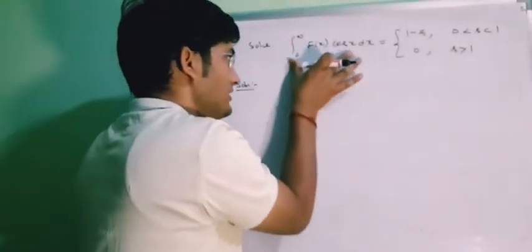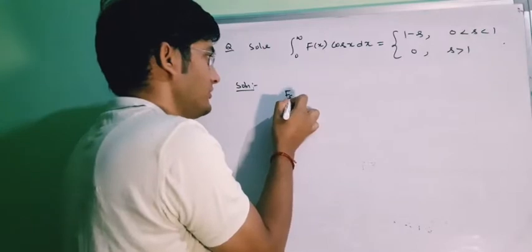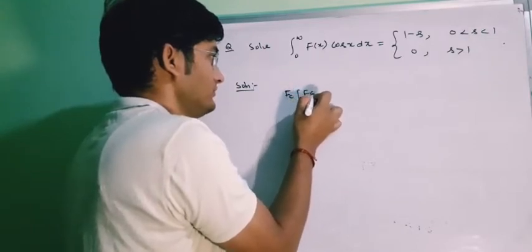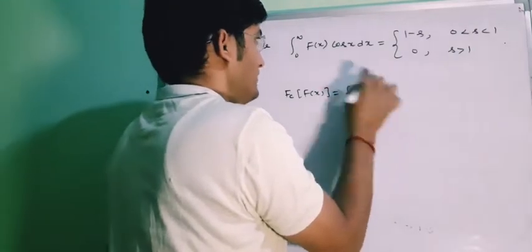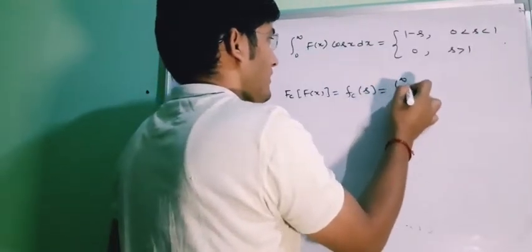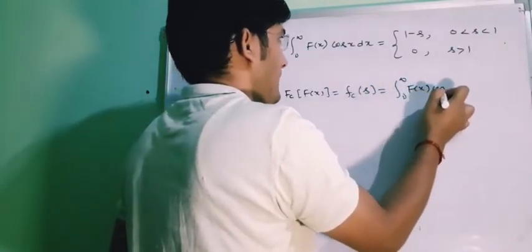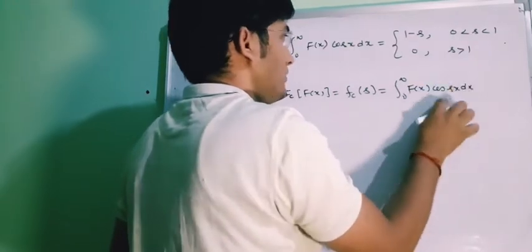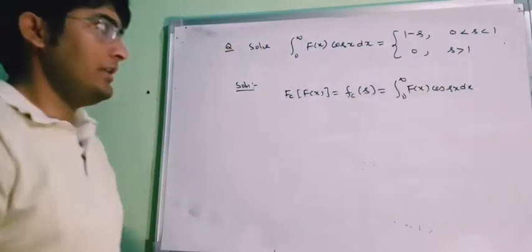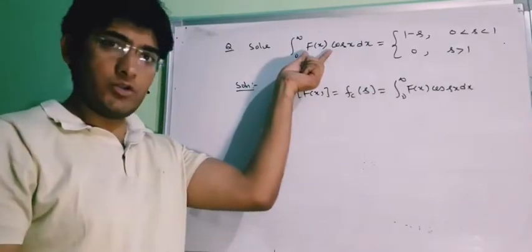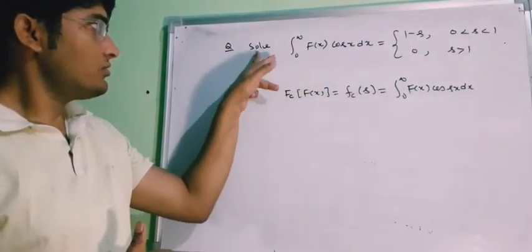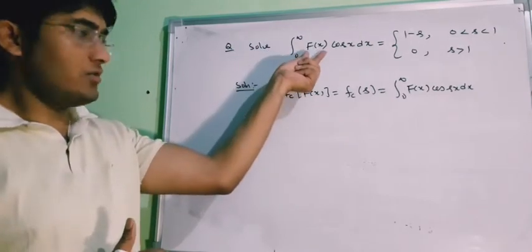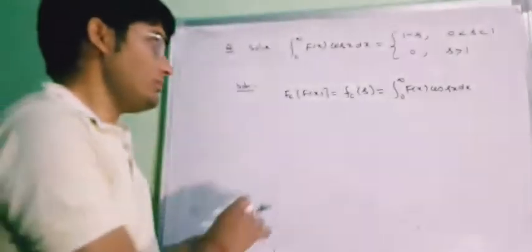So this means the left hand side is your Fourier cosine transformation, and its value is this integral. Now we have to find out f(x). To solve means here your unknown is f(x).